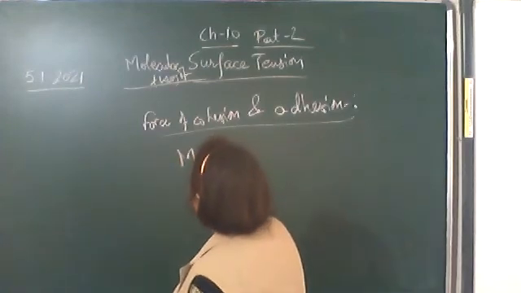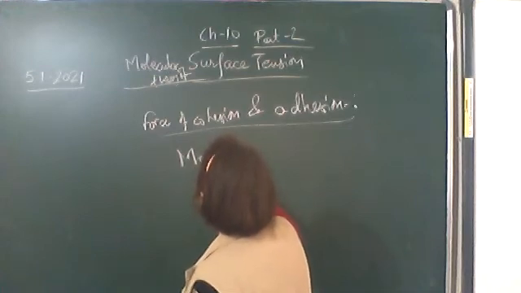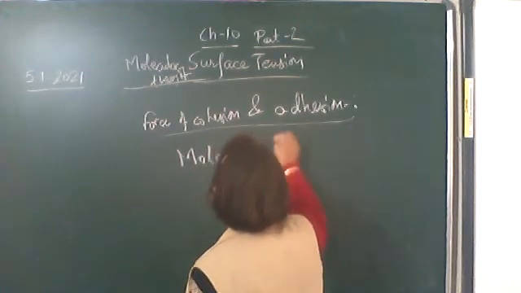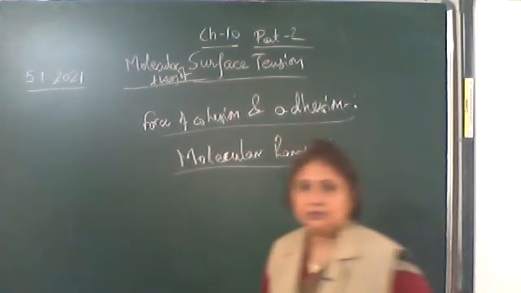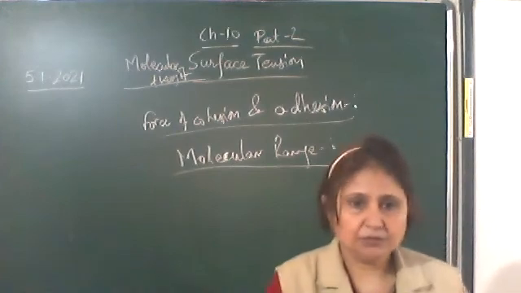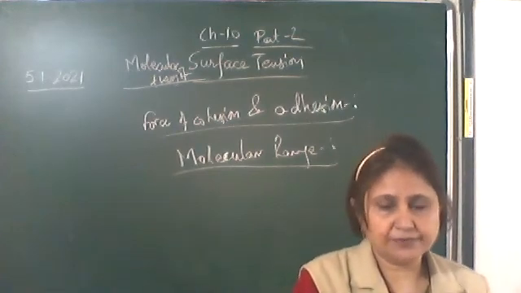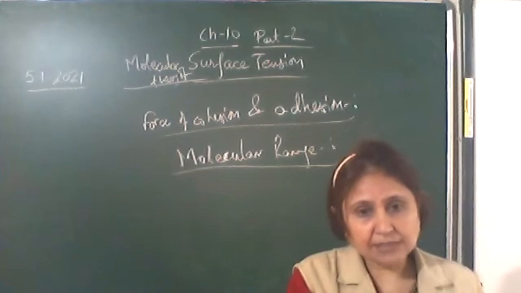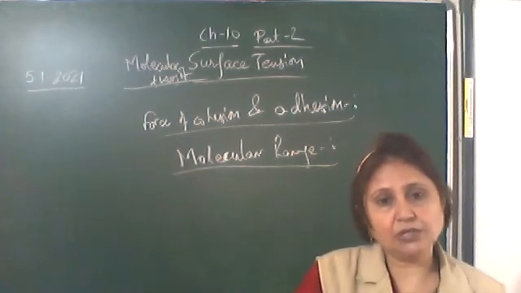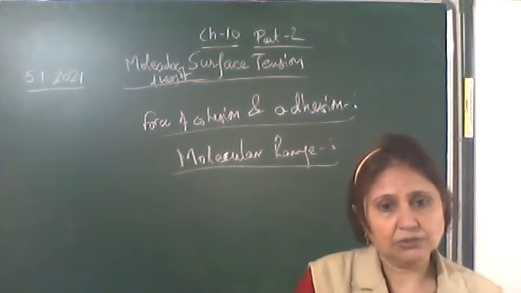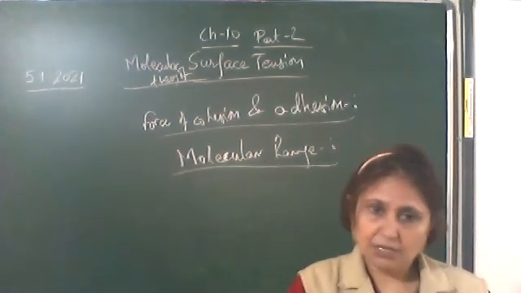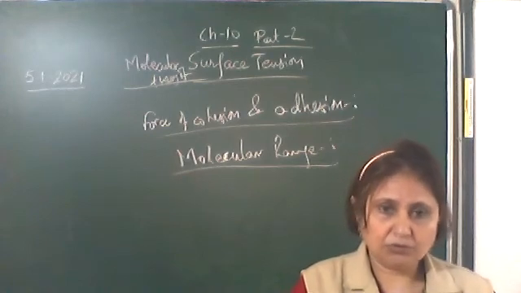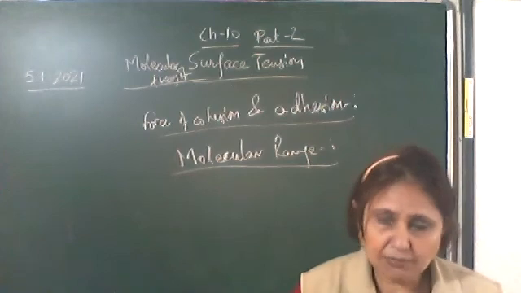Now the next term is molecular range. We know that any two similar molecules are attracting each other with some force. The maximum distance up to which one molecule can attract the other molecule, that we call the molecular range.